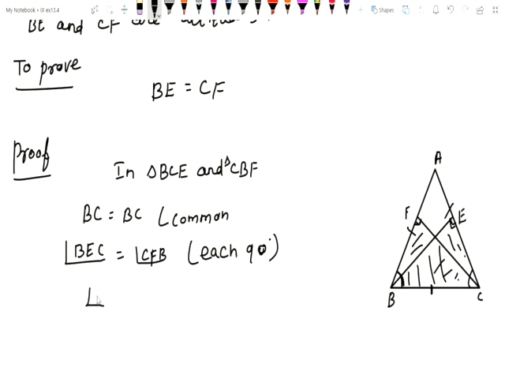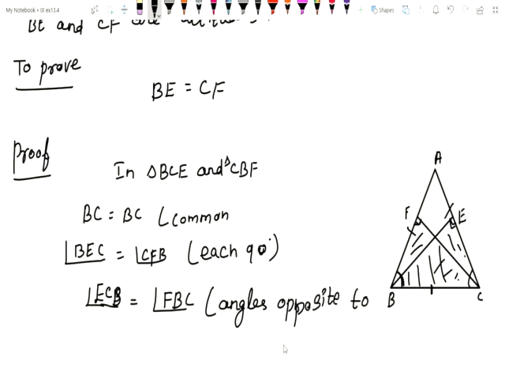Angle ECB equal to angle FBC, because angles opposite to equal sides of a triangle are equal.